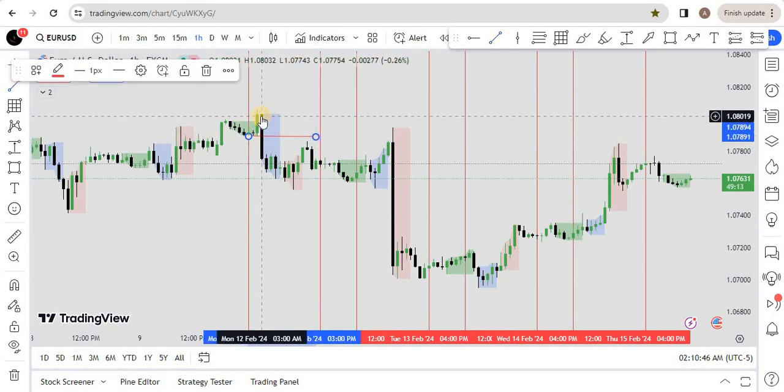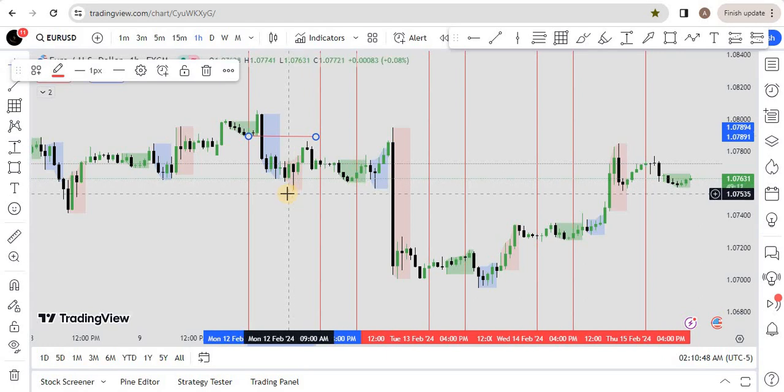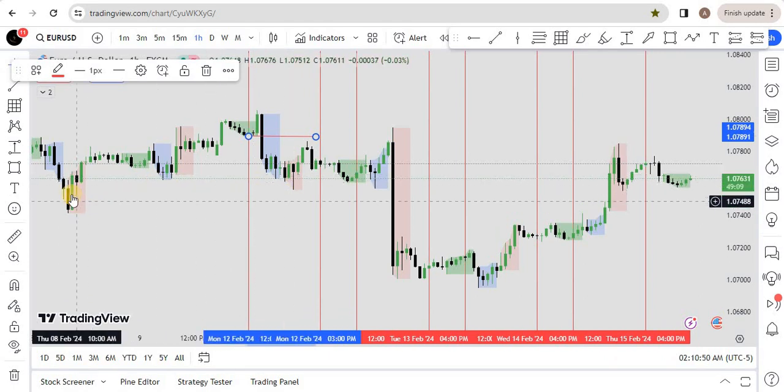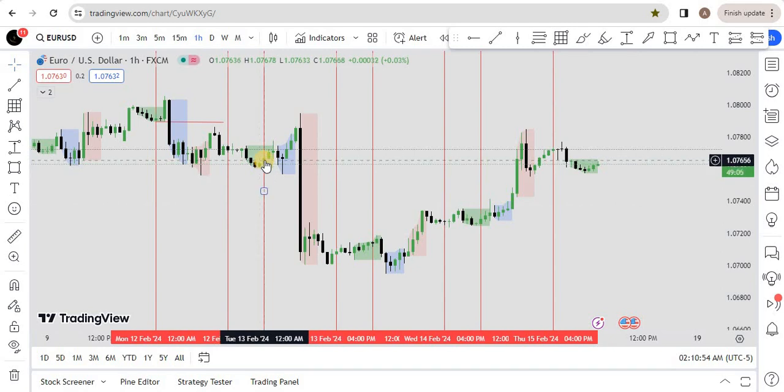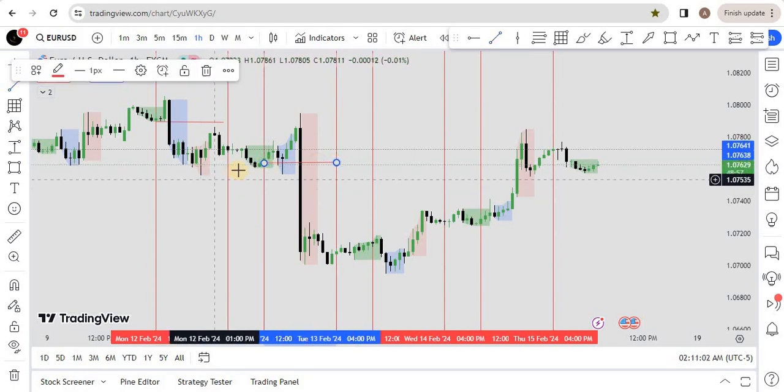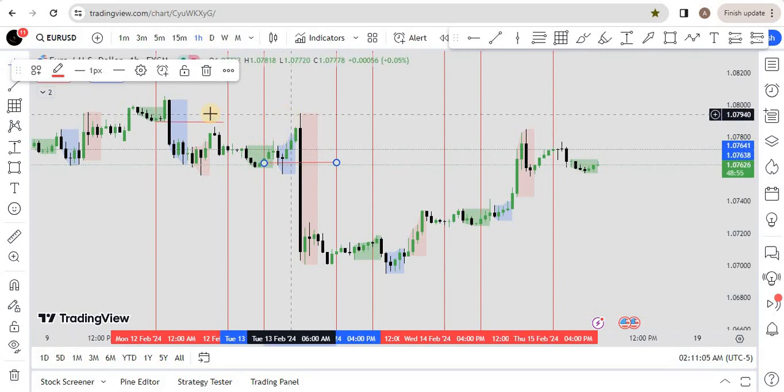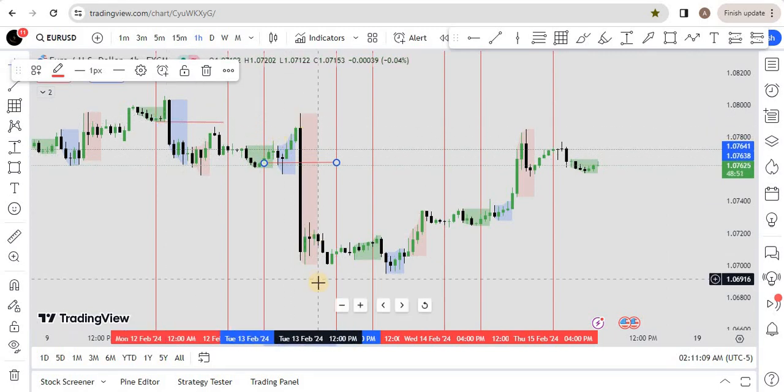At London, price goes upside, gives your reaction to the downside, opposite side liquidity, order block, okay. Next day price opens, it does come downside for the liquidity, goes to the upside for the liquidity and the order block, as you have seen here, tap to the downside.